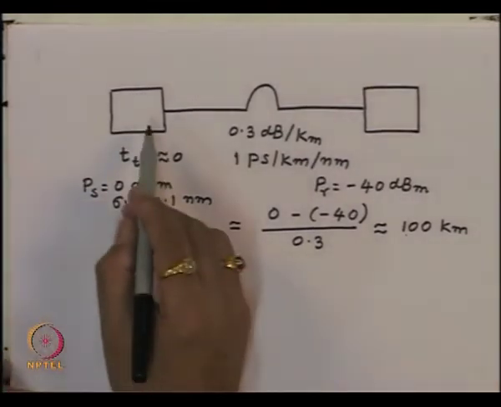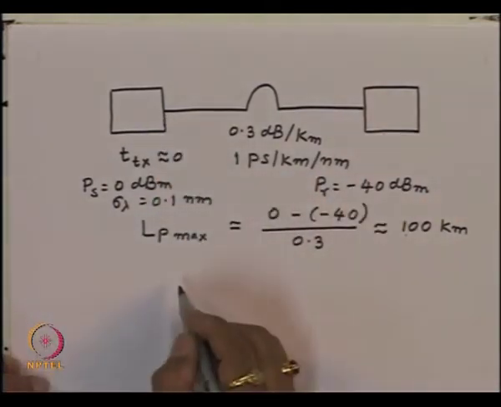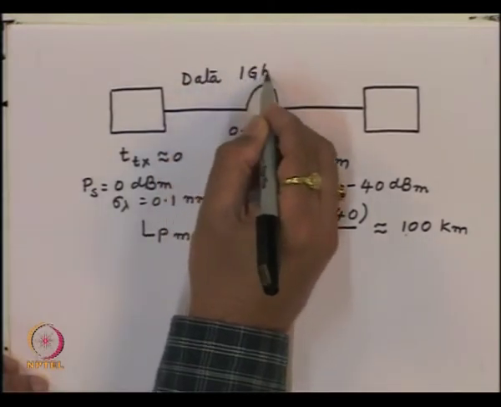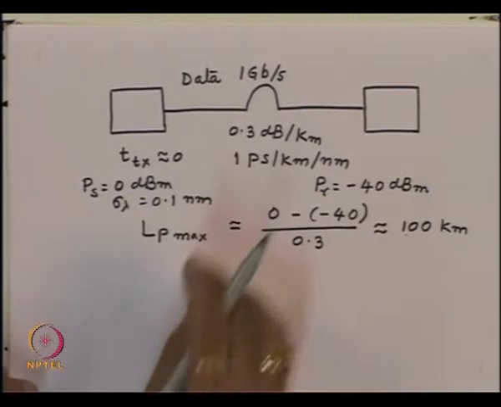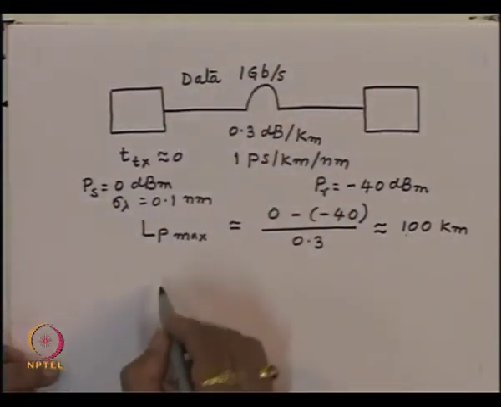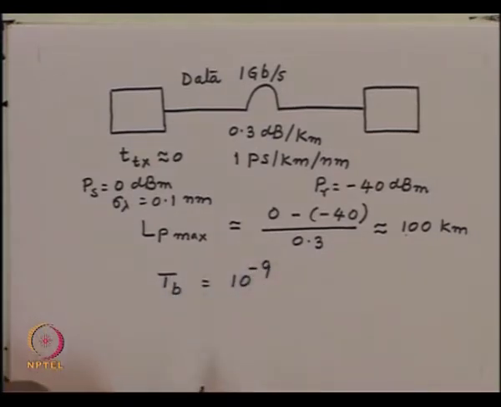And let us say I am transmitting data at 1 gigabit per second. So, that means the bit duration now is 10 to the power minus 9, 1 nanosecond. So, my T_B in this case is 10 to the power minus 9.